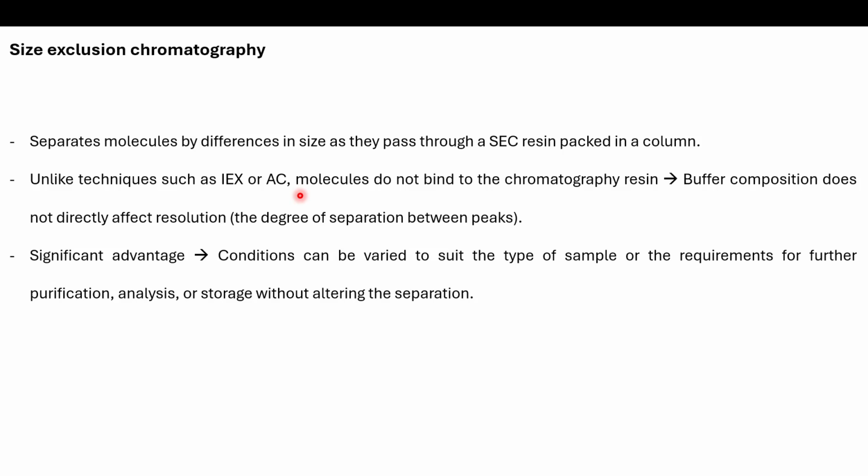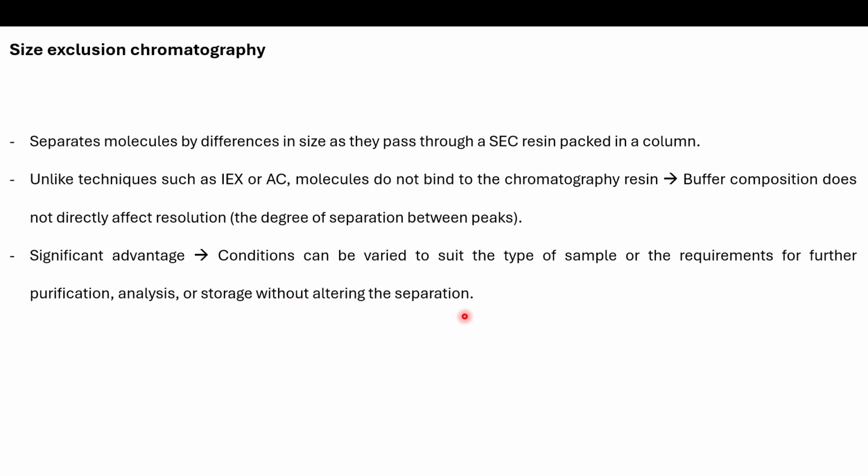The significant advantage of doing SEC is that the conditions can be varied to suit the type of sample or the requirements for further purification, analysis, or storage without altering the separation.